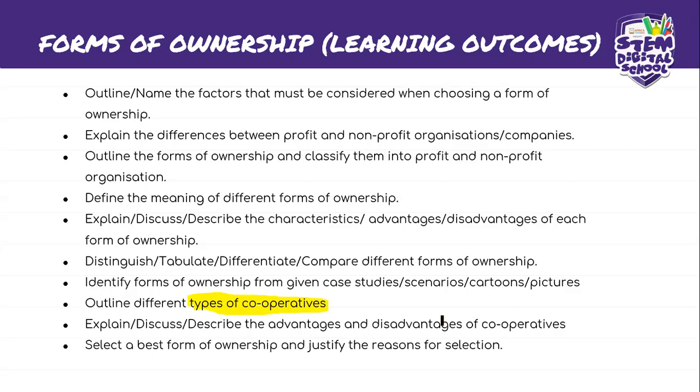In grade 11 and grade 12, they also ask about forms of ownership. So you must know their characteristics, their advantages, their disadvantages, and the comparison between other forms of ownership.